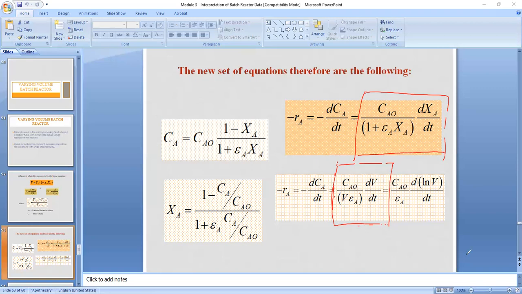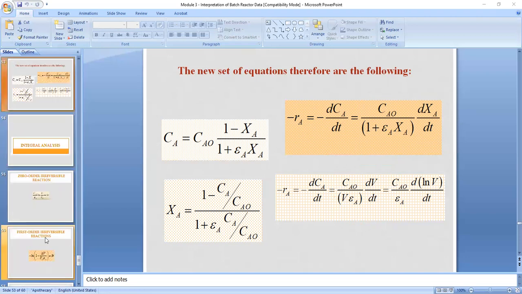Okay? Now, if there aren't any questions here, how will the equations or the formulas for first order, second order, and zero order reactions be for a varying volume batch reactor? That will be shown on the next slide.